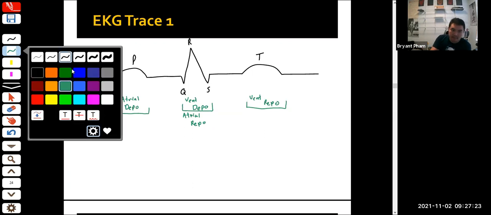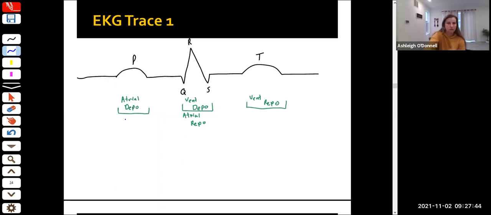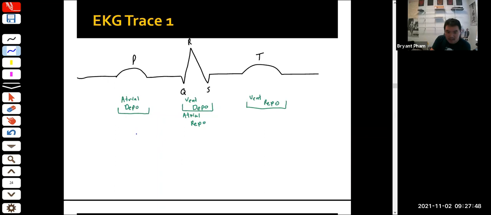Now let's talk about your muscular events. Depolarization is the signal to say contract. Repolarization is the signal to say relax. So between which two waves would we have atrial contraction? P and Q? Yeah, depot is the signal to say contract.